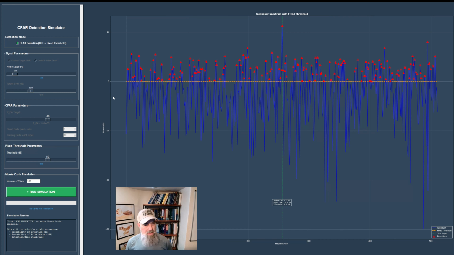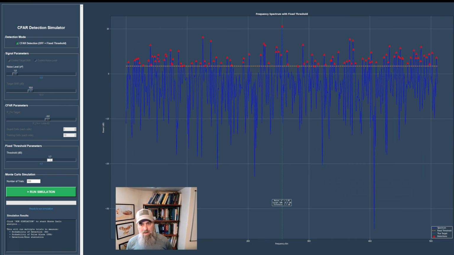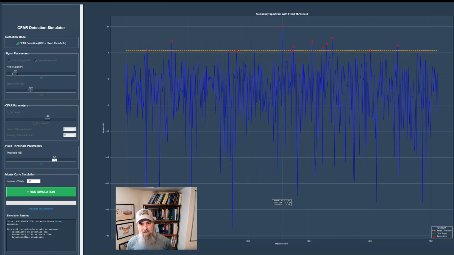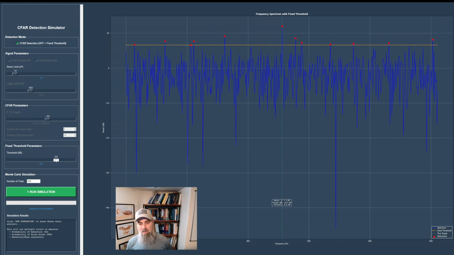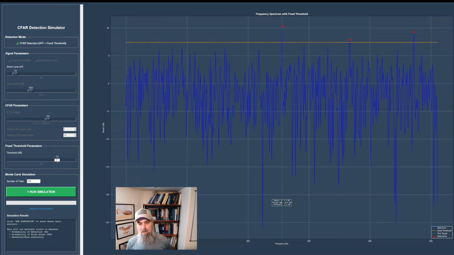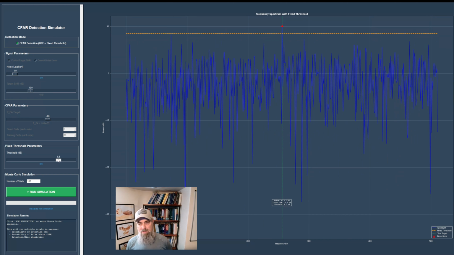Okay, now what we can do, right, if we are setting a fixed threshold, we can take the threshold up. As we take it up, fewer false alarms are present, and we can find the sweet spot, so to speak, until there is no false alarm at all, just below the target.